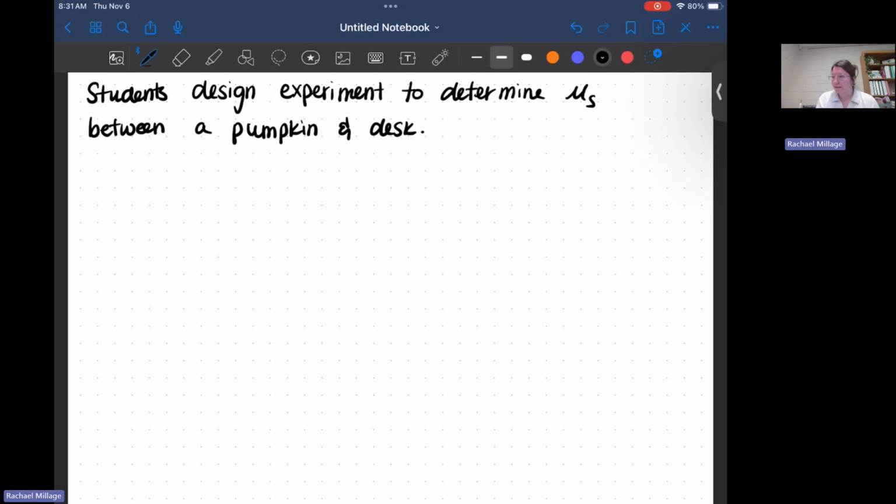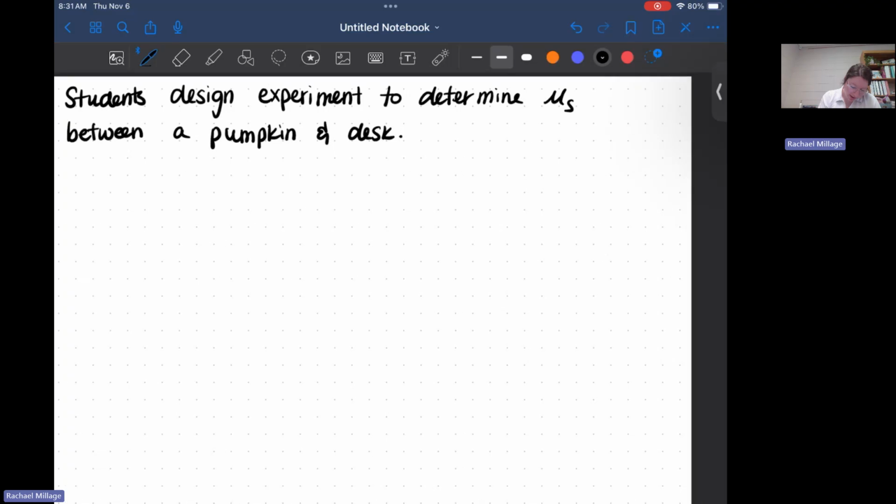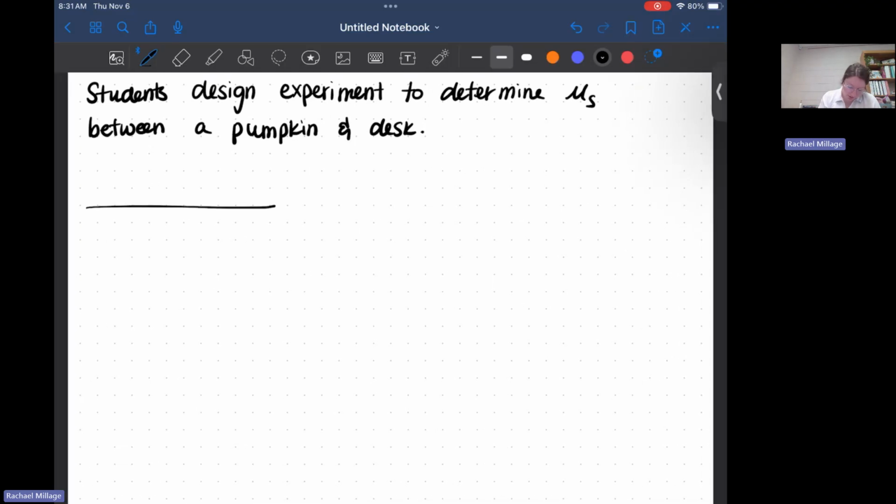So they're going to pour sand slowly into a bucket. So let's draw this out. And the book gives us a picture. So I'm going to draw this out. This is my table. This is my pumpkin. And then the pumpkin is tied with a rope to a bucket.